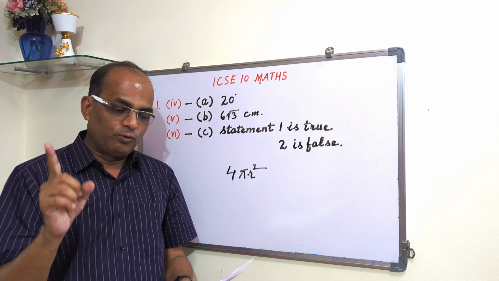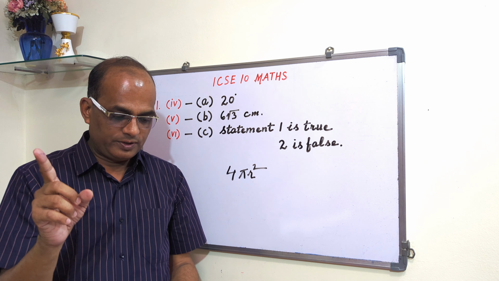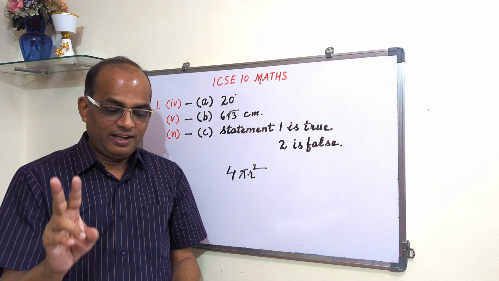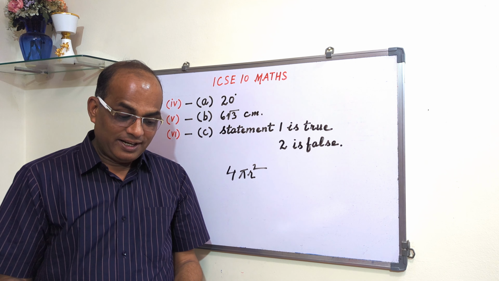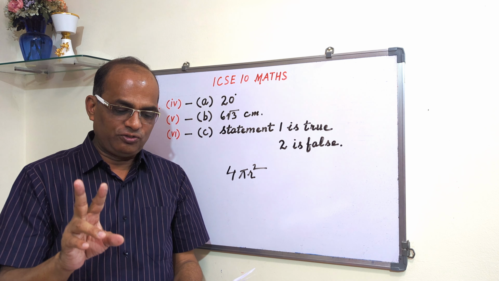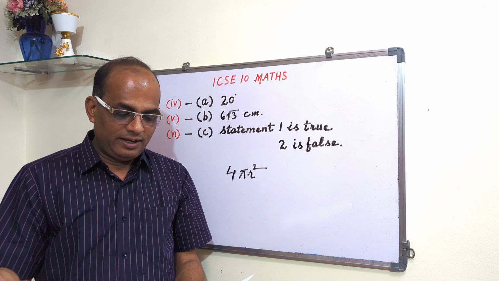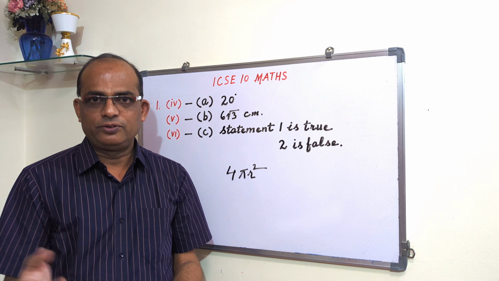The total volume of the two hemispheres is equal to the volume of the original sphere. This is correct. But the total surface area of the two hemispheres together, which is 6 pi r square, is not equal to the surface area of the original sphere, which is 4 pi r square. So this is untrue.